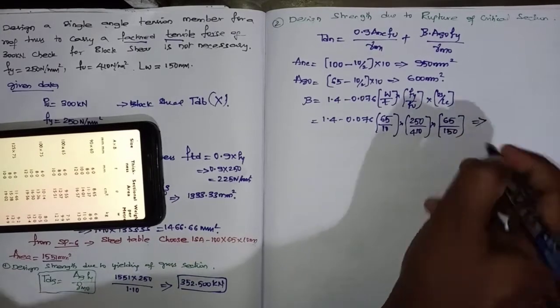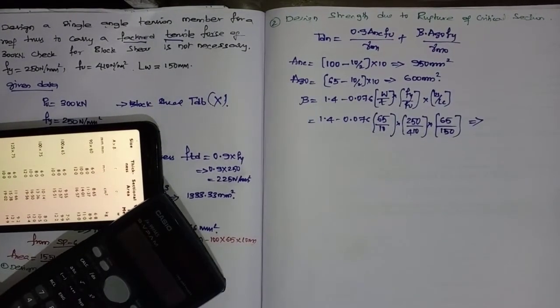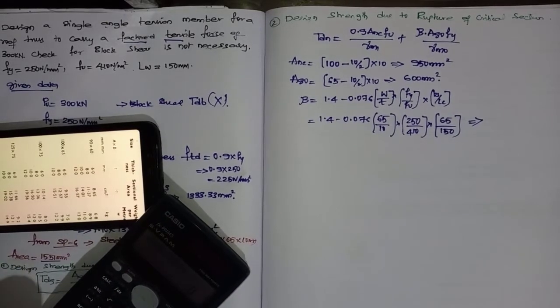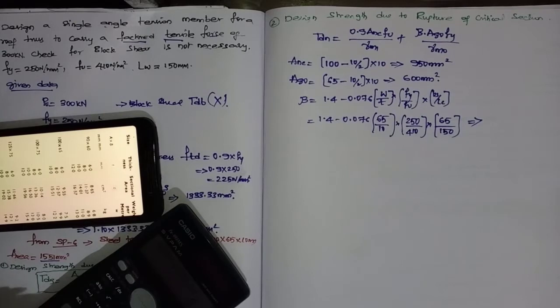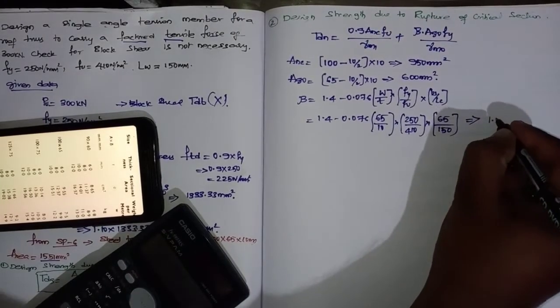If I solve this one, 65 divided by 10, into 250 by 410, into 150 by 65, 1.4 minus answer. So I am getting 1.26.